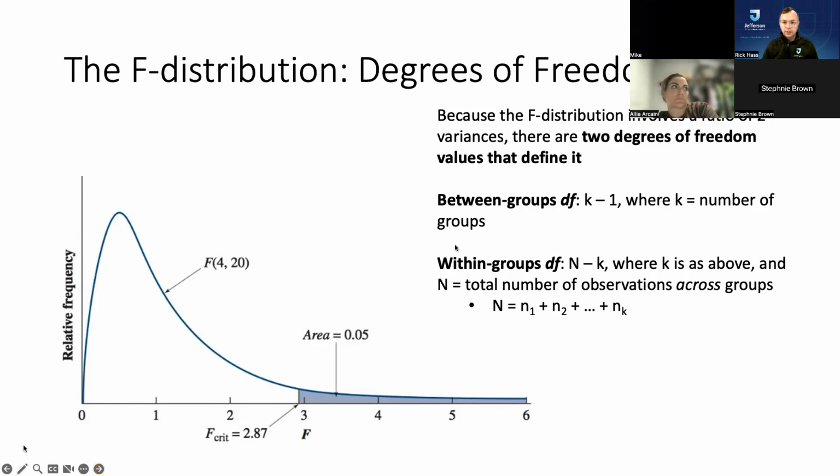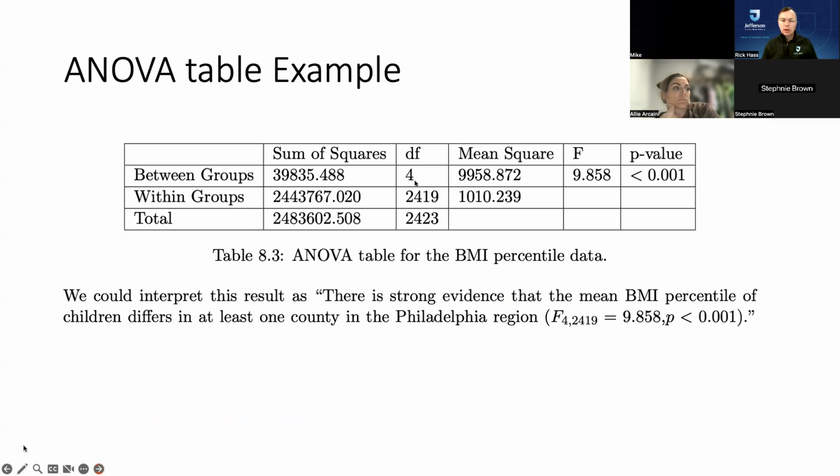So here's how it works with a single grouping variable. In this ANOVA situation, the first number, which we call the numerator, or between groups degrees of freedom, is k minus 1, the number of groups minus 1. Another way you can think about that is that the between groups degrees of freedom for an F test in this situation is the number of equal signs in the null hypothesis. How many equalities are in the null hypothesis?